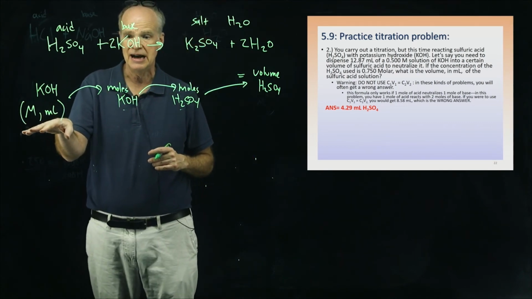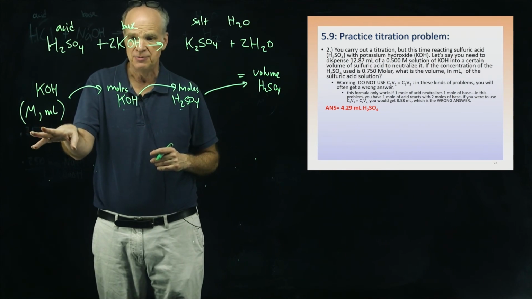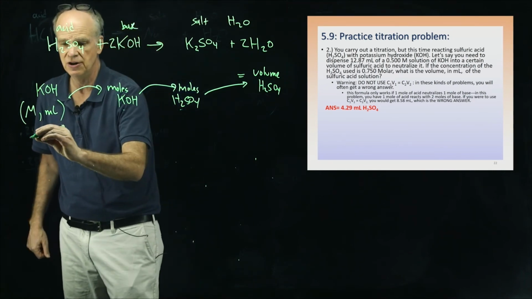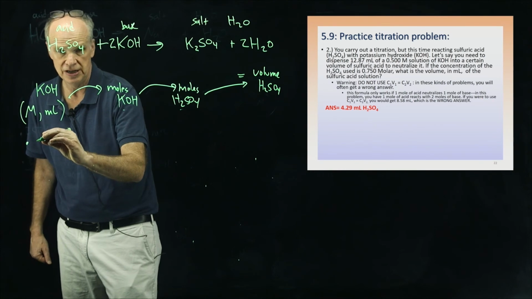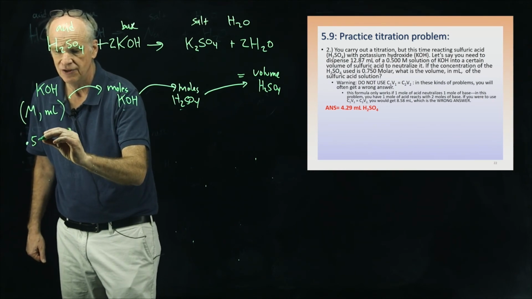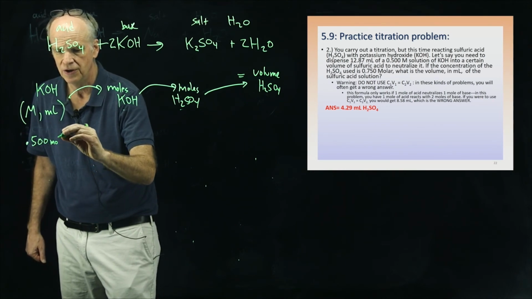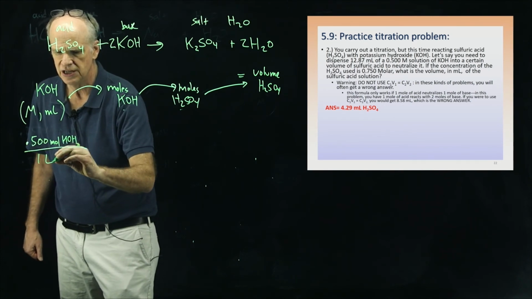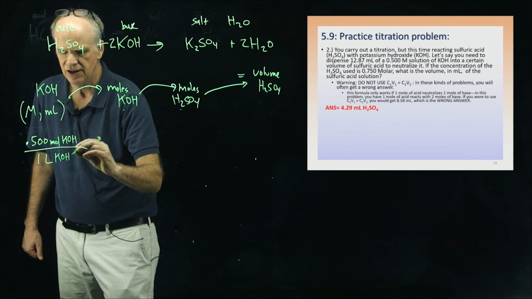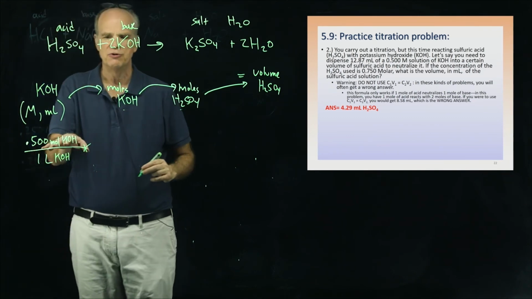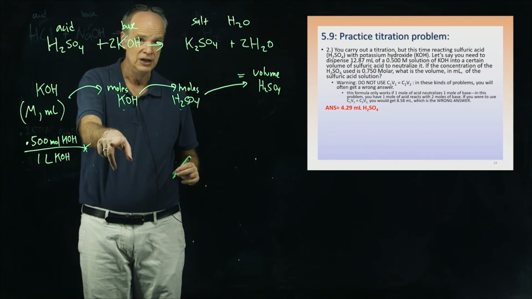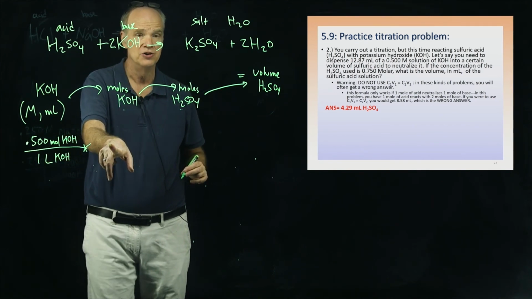So we have a concentration of potassium hydroxide in this problem. It looks like we have 0.500 molar KOH, and so I think you know at this point that what I can do to indicate that is I have 0.500 mole of KOH over 1 liter of KOH. Now, if we want to take this concentration of KOH and get this in the moles, what we're going to need to do is multiply it by the volume of KOH.